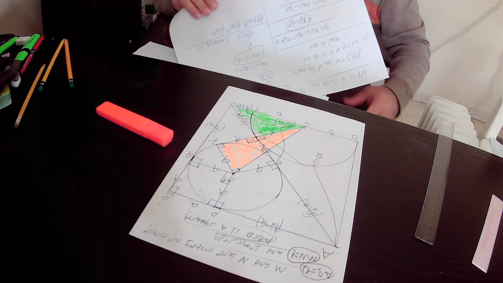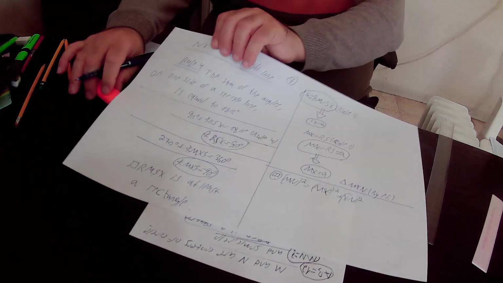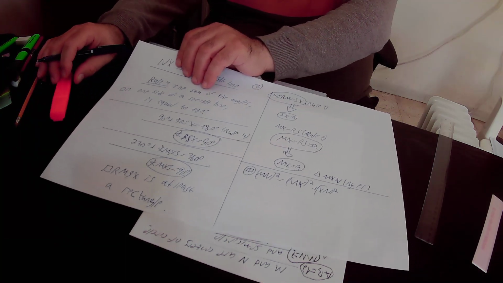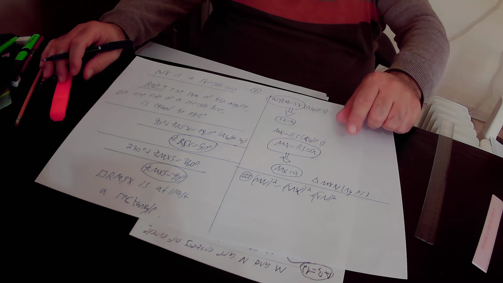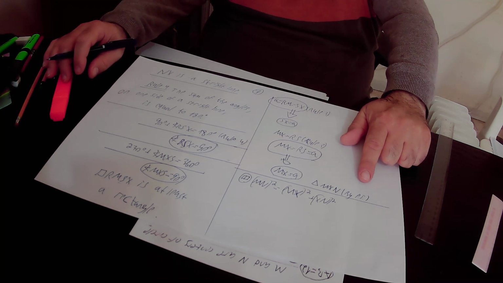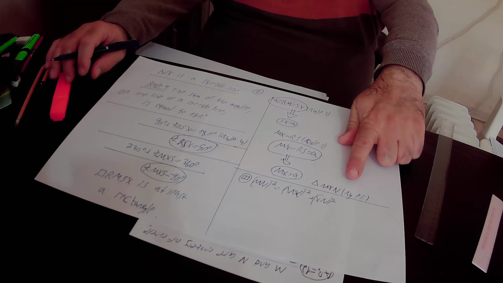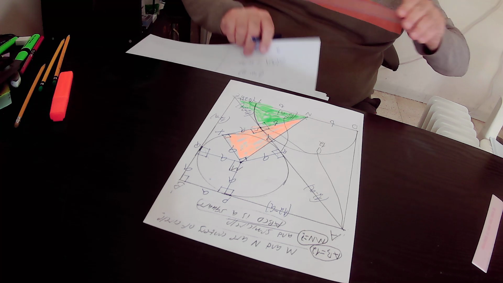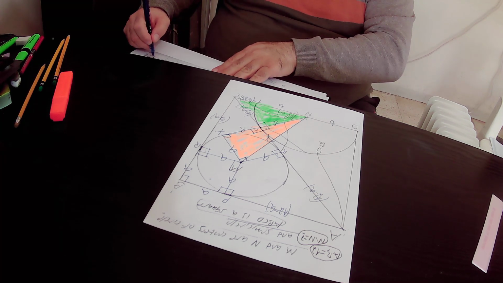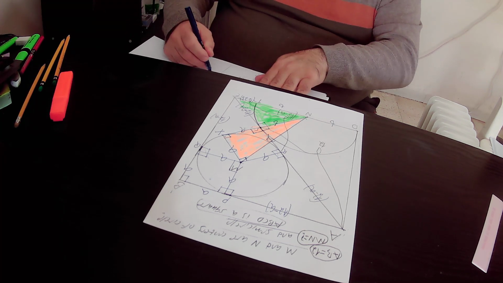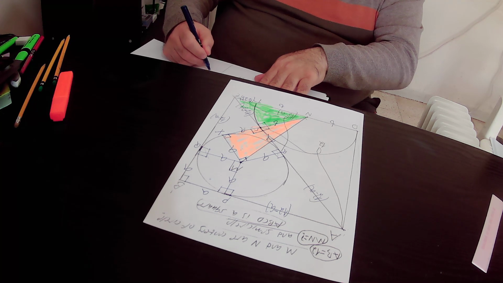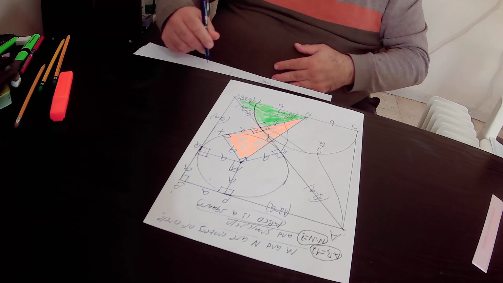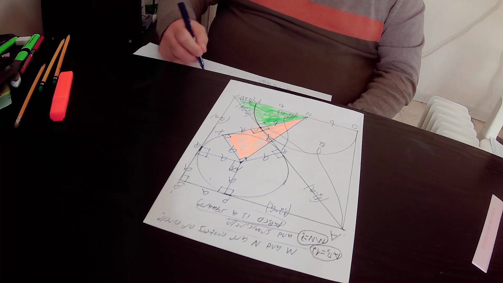I will repeat again. In the right orange triangle MXN, according to the Pythagoras theorem, MN squared equals MX squared plus XN squared. So here MN is the missing variable, so we leave it as it is, and it equals MX squared.